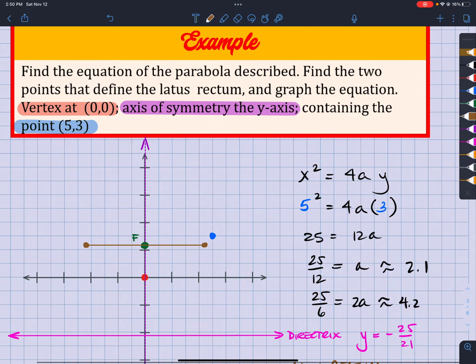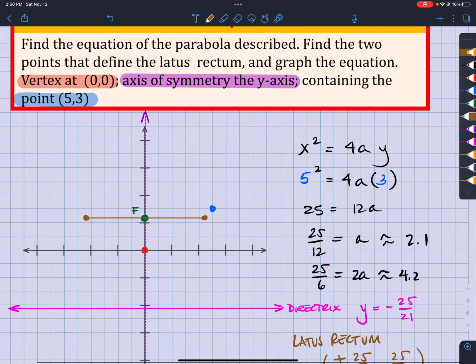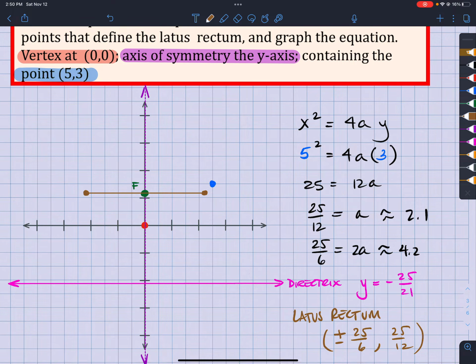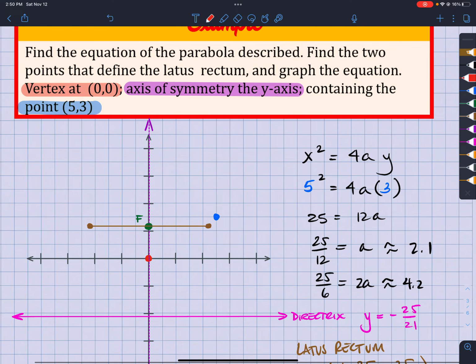It's asking for me to graph this equation. So I got the latus rectum, perfect. So this graph is gonna look something like this. Let me see.